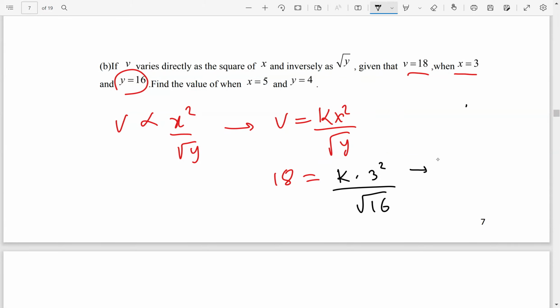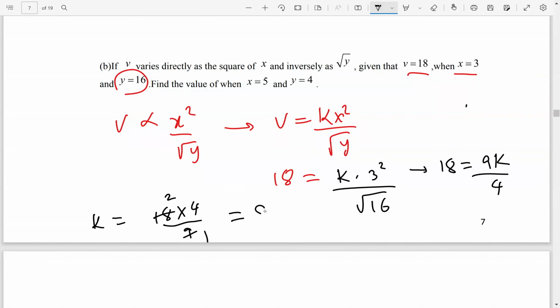It implies that 18 equals to 9k over 4. So k, dear students, will be 18 times 4 divided by 9. So by 9, 1, here is 2, we have k equals to 8. So now the equation is becoming 8x squared over square root of y.